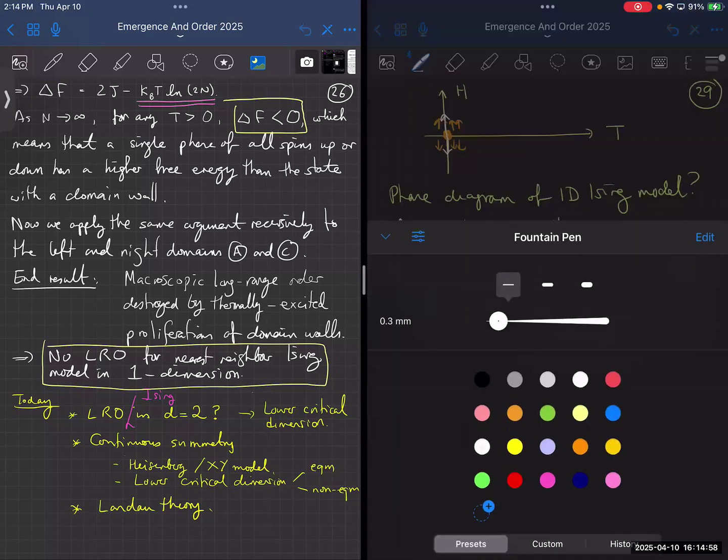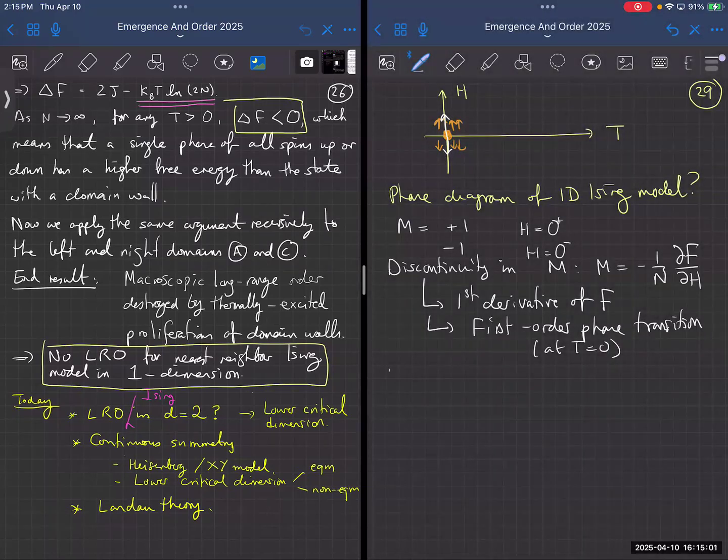And just in the nomenclature here, what Ehrenfest, in the early part of the 20th century, 1916 or something like that, said is that if there is a discontinuity in an nth order derivative of the free energy, then we call that an nth order phase transition.